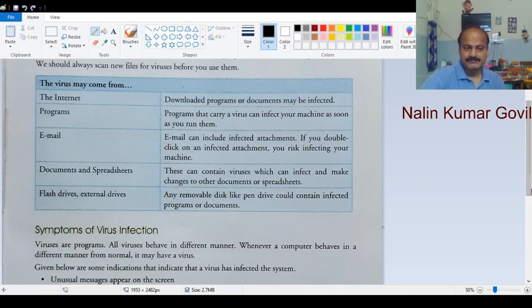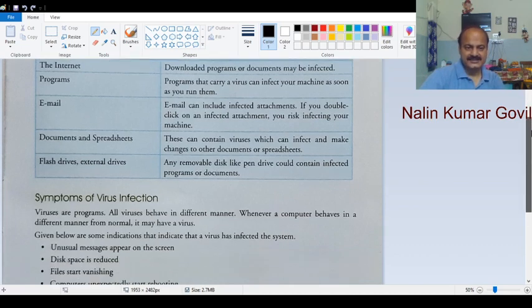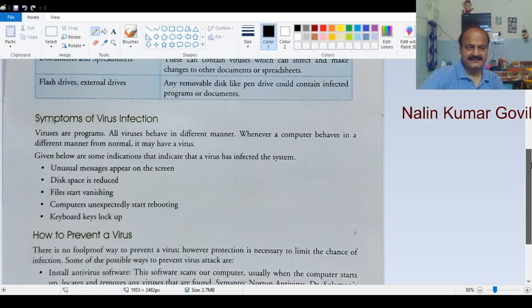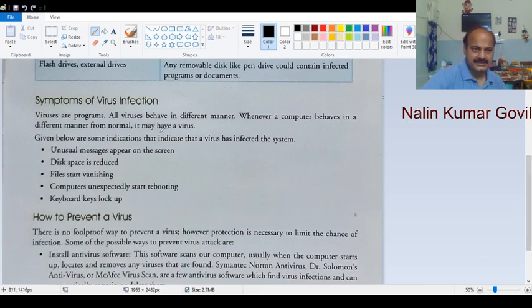Now the symptoms of virus infections. All viruses behave in a different manner. Whenever a computer behaves in a manner different from normal, it may have a virus.